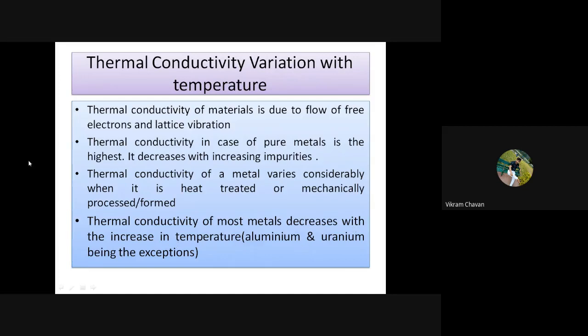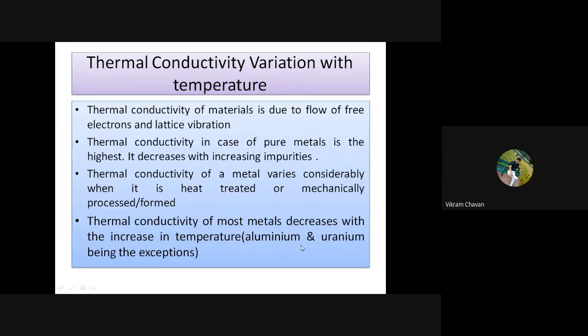Underline this particular sentence: thermal conductivity of most metals decreases with increasing temperature. In bracket, aluminum and uranium being the exceptions. So these two metals are exceptions. In all the other metals, thermal conductivity decreases with increasing temperature.